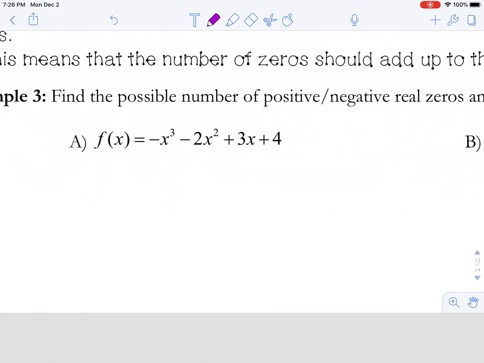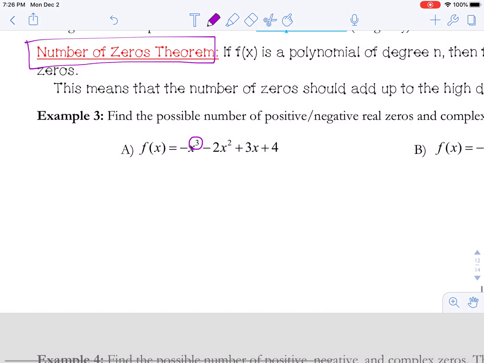So if I look at example A, my highest degree is 3. So this means I'm going to have 3 zeros. Now, I could have imaginary zeros too. And so let's use Descartes' rule. We know that we have a total of 3 zeros for Descartes' rule.